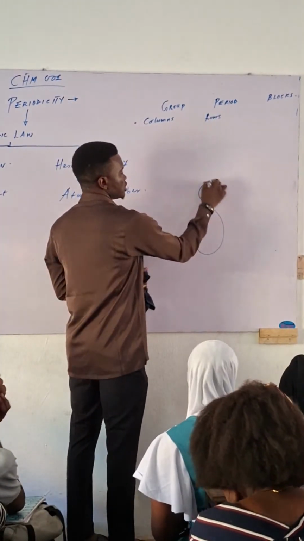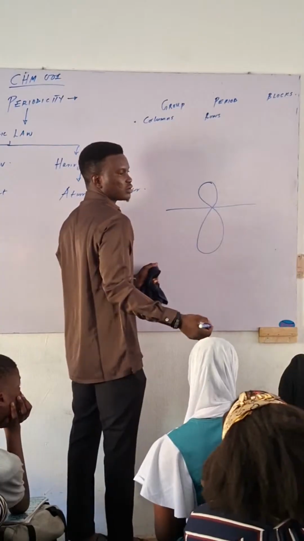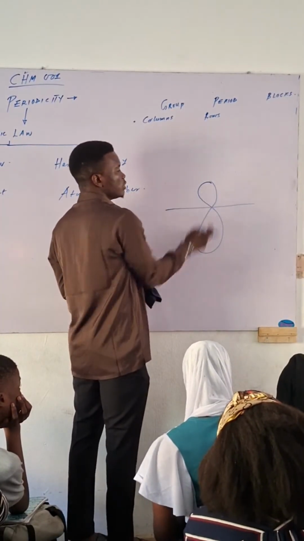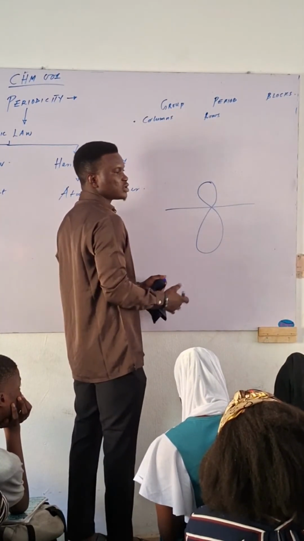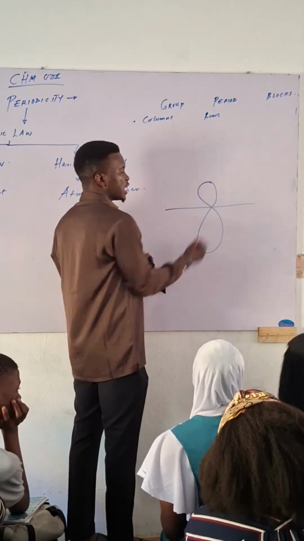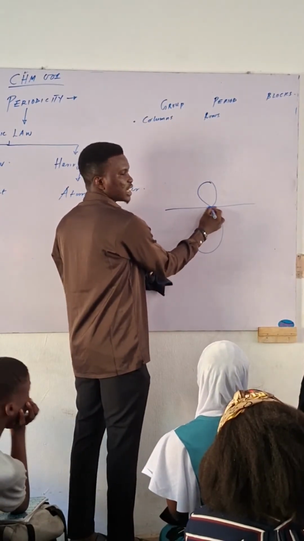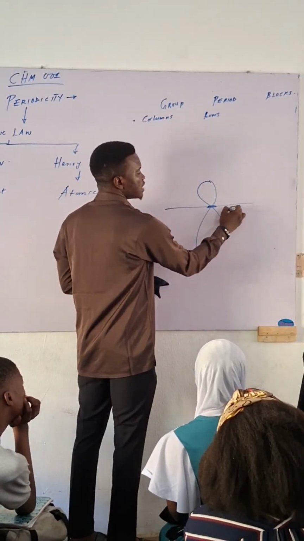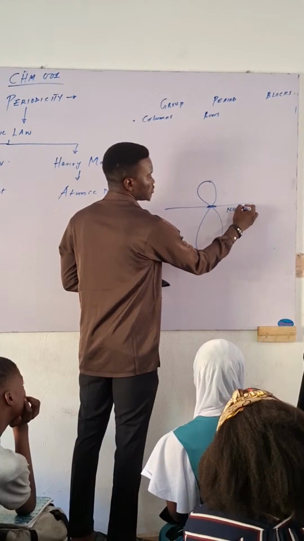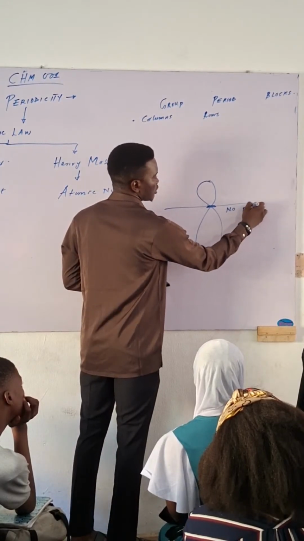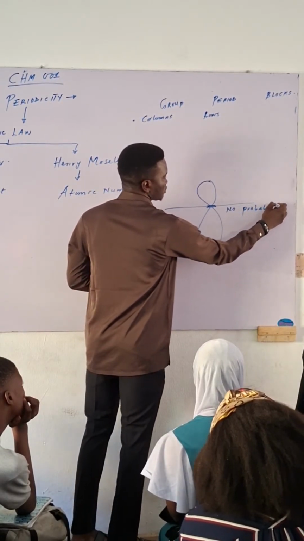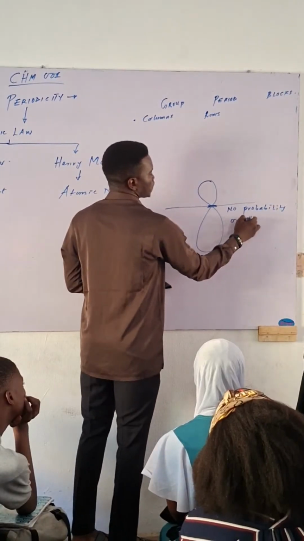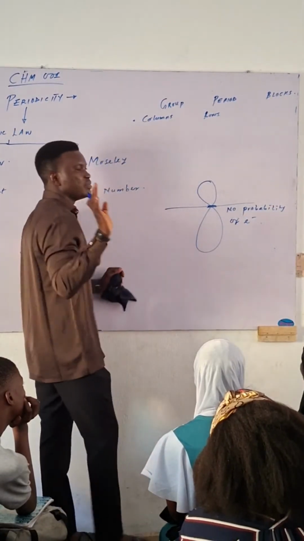I drew the shell, like the P shell. I told you that the orbital is where there's maximum probability of finding an electron, and that this region is known as the nodal plane. Yes, because that's a place where there is zero probability of finding an electron.